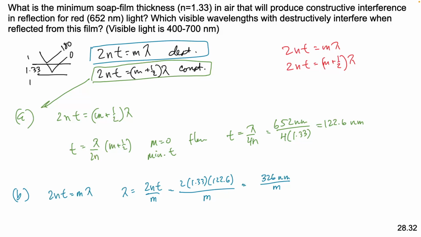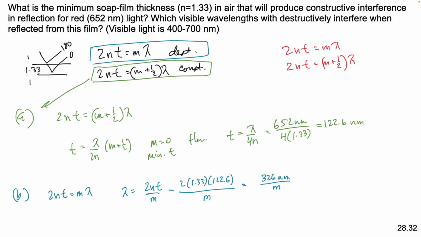So what is m? What values does m have? It's an integer: 0, 1, 2, 3, 4. Can you put 0 in here? No. For the m lambda case, never use 0. Start at 1.